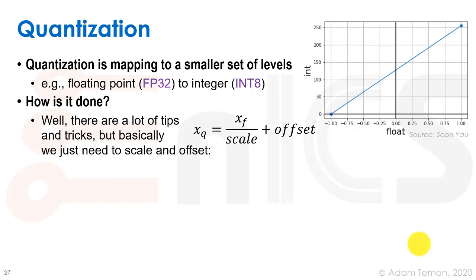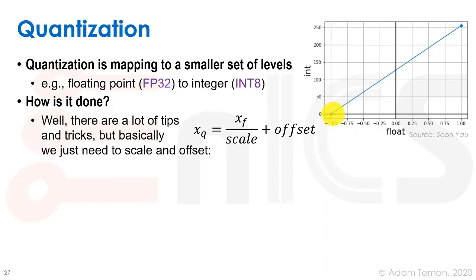If we look at the graph over here, we have our floating point, which is supposed to represent, let's say, a minimum of minus 1.00 and a maximum of 1.00, and there's a large number of values in the middle, almost continuous. We would say it's trying to represent this real number. However, in the integer, we only have 256 values for an int8.